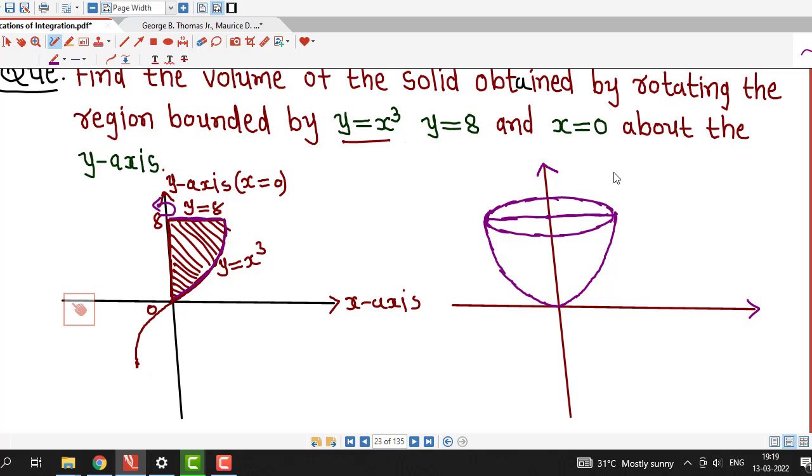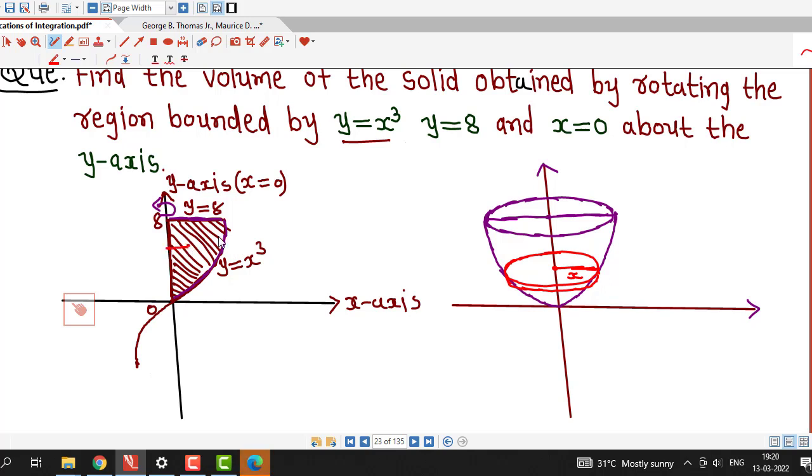Now to find out the volume of this solid which is generated by revolution of this, we consider the cross section of this solid perpendicular to y-axis, and we know that cross section will be a circular disc, and it will look like this circular disc with some thickness, say delta y, and radius of this circular disc is nothing but value of x.